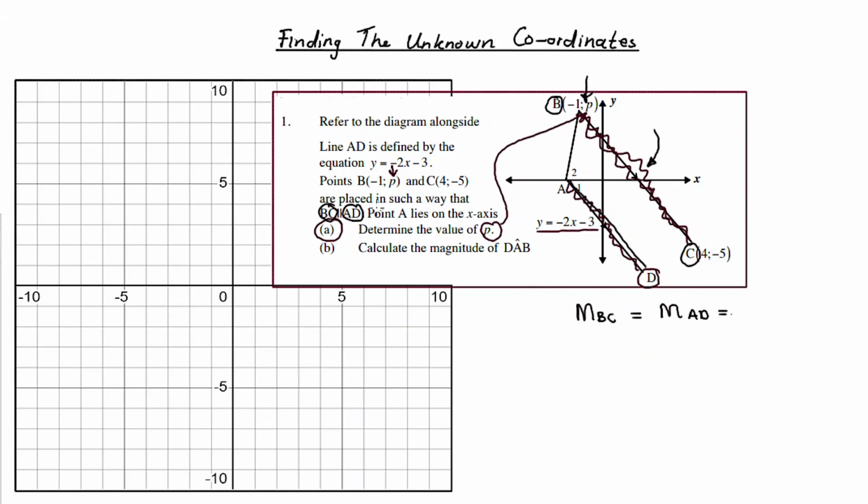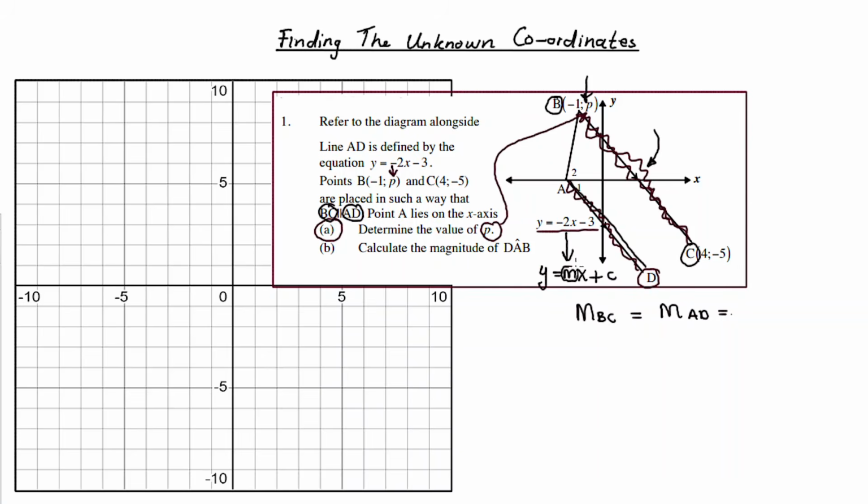How do I know this? We know this from the property of parallel lines. Parallel lines will have equal gradients. So this line AD, we are given an equation for. We are told that the equation is y equals minus 2x minus 3. And an equation for a straight line is always of this form.